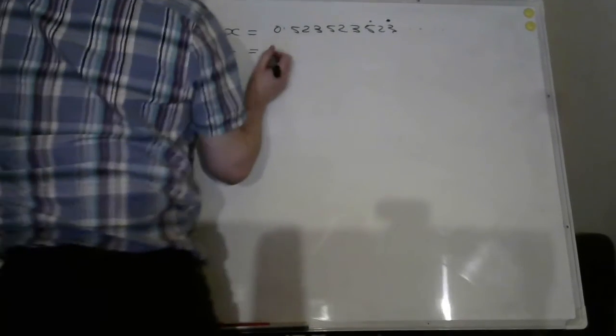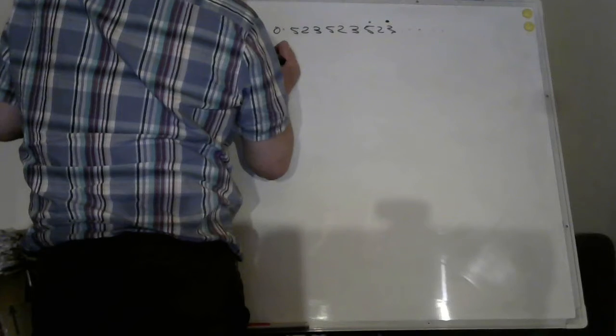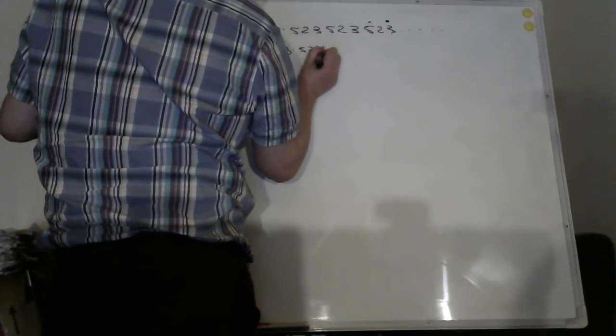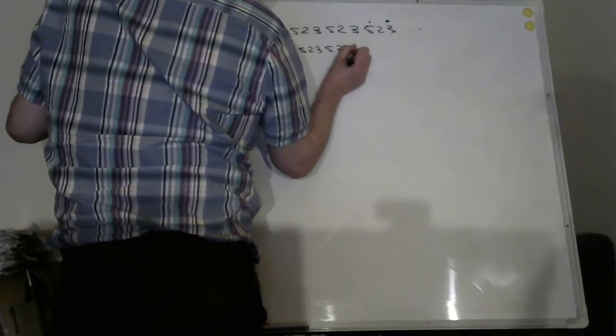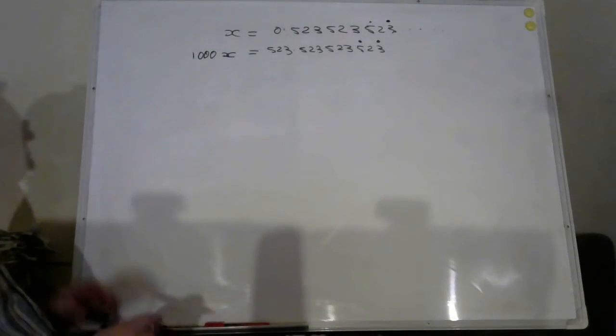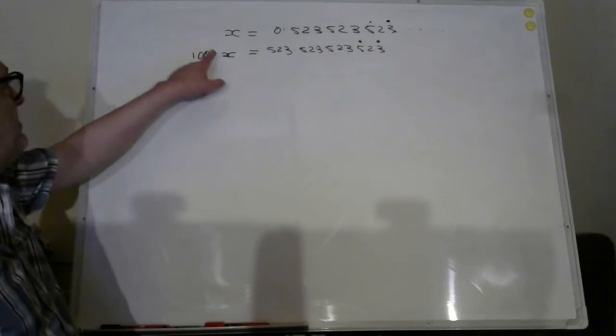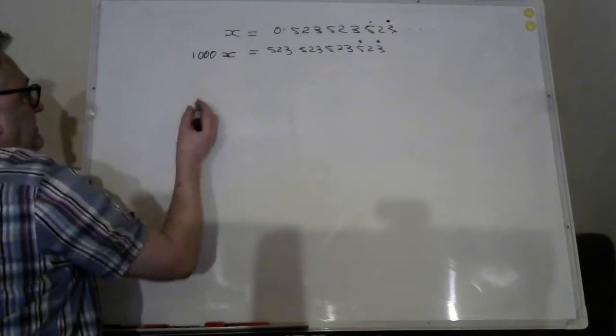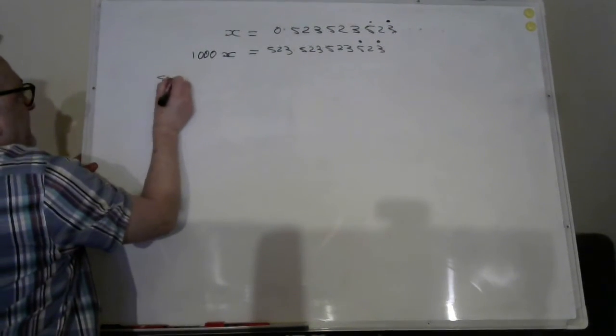So if we multiply by 1,000, we get 523.523, 523, 523, like that. So what happens when we subtract x from 1,000x?